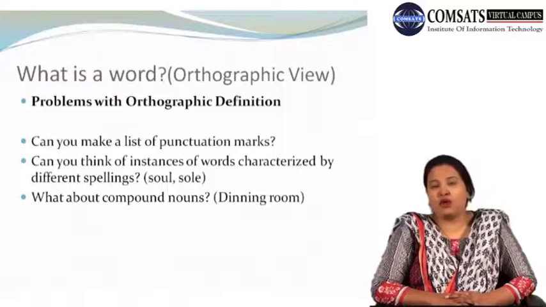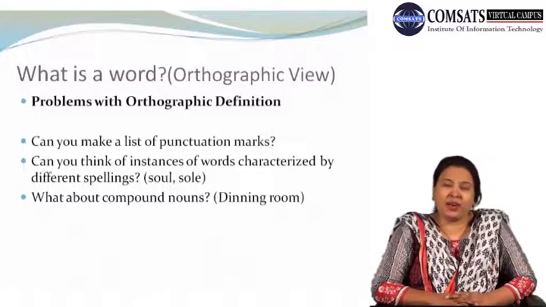Similarly, if I talk about the word desert and desert, D-E-S-S-E-R-T, if I see this word in written form, I won't be clear about its meaning, whether this D-E-S-S-E-R-T stands for desert, a place without water and comprised of sands and all that, or this is the word dessert, which means something sweet, a sweet dish.